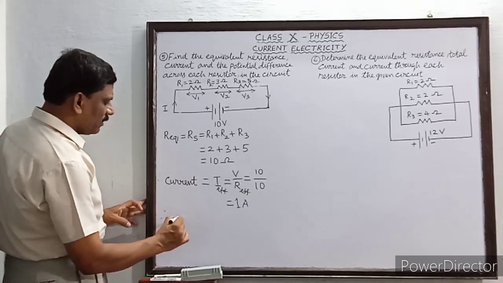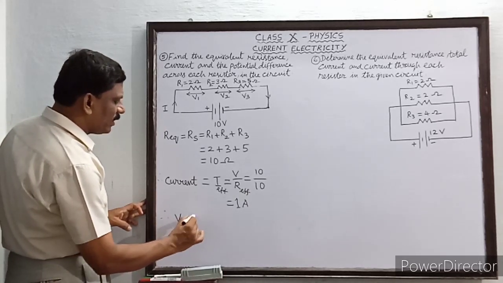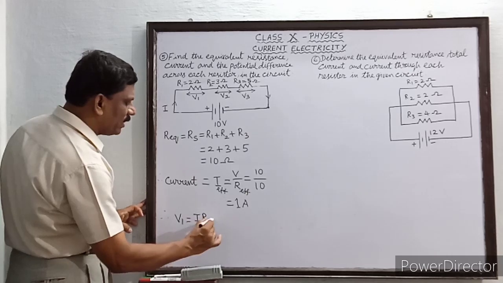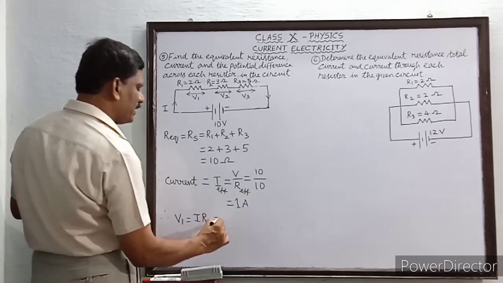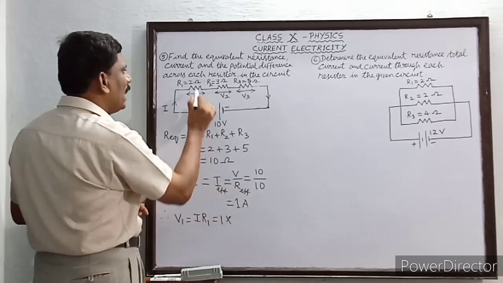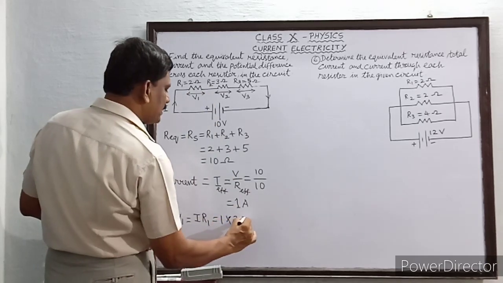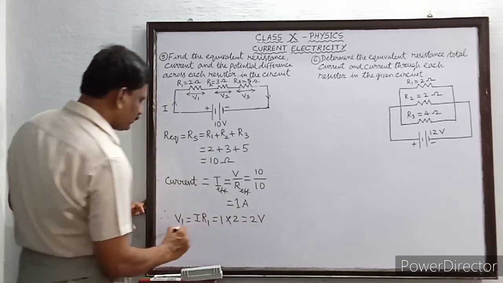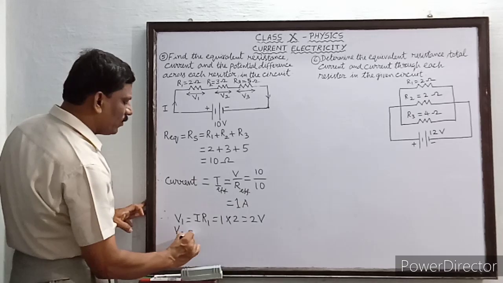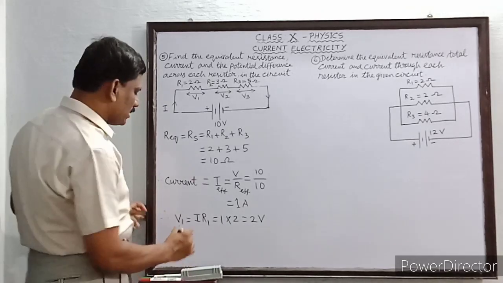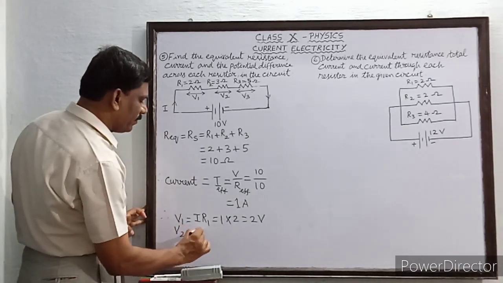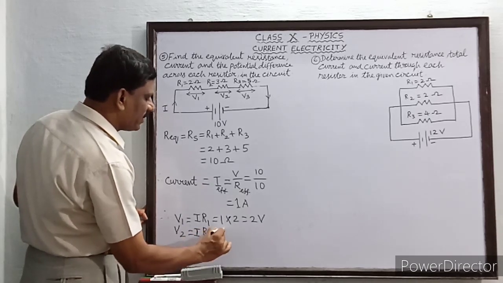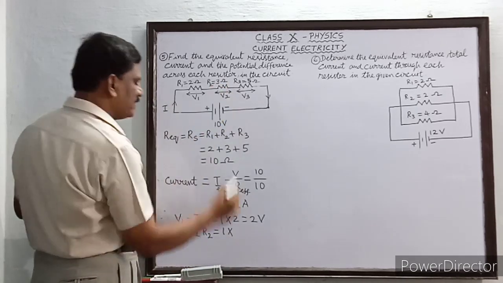Therefore, now V1 must be equal to current I into R1, and that is equal to current is what? 1 into R1 is 2. So this is equal to 2 volt. What is V2? V2 is equal to I into R2. So current I multiplied by R2, and that is equal to 1 into R2, which is 3.